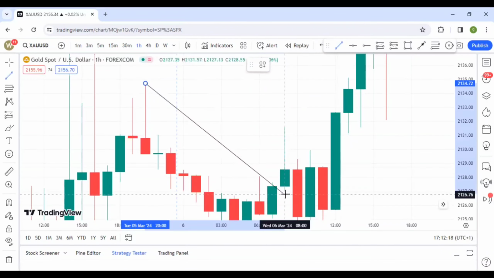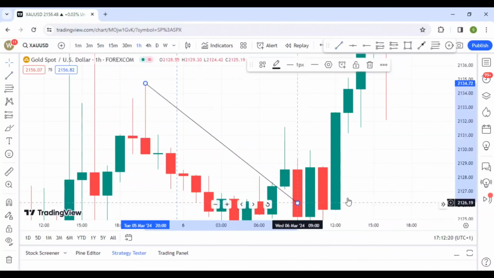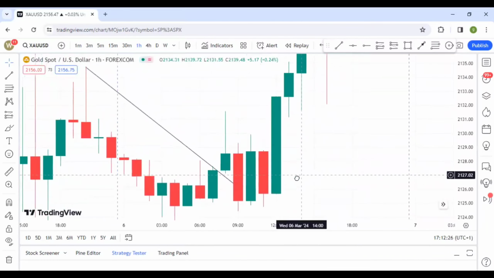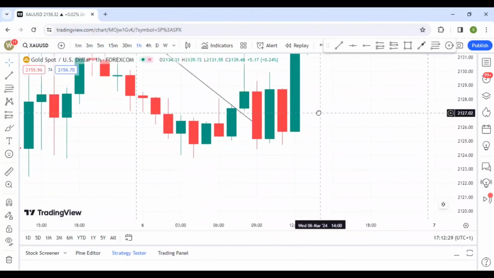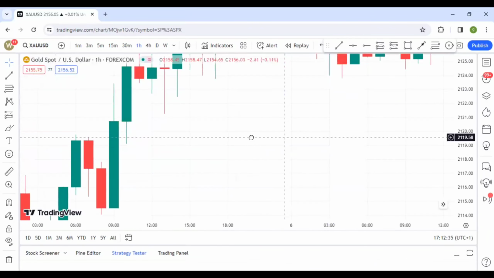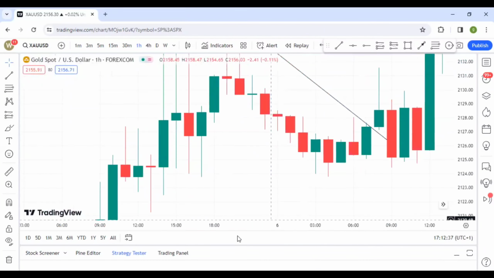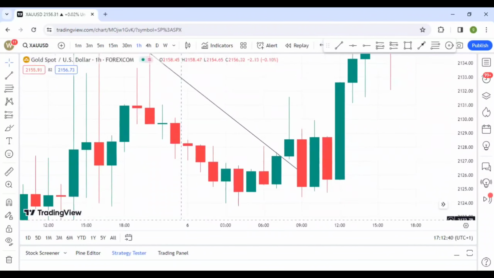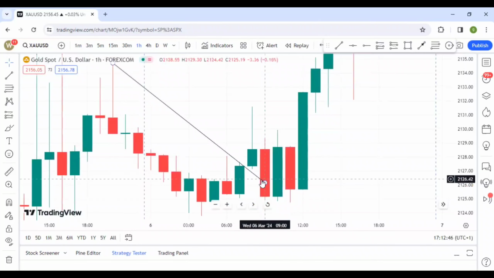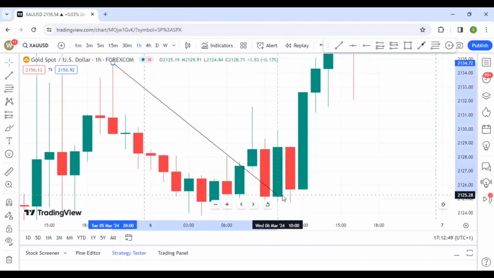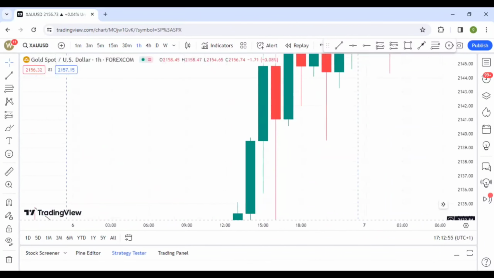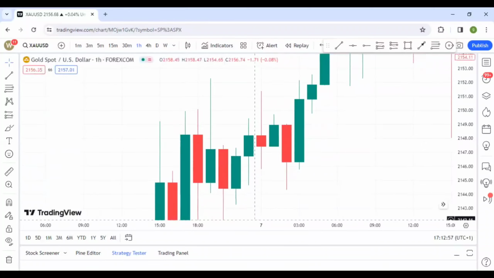You can see the market is in a downtrend up to this point. Now, what do you notice here? The moment this bullish engulfing formed, look, it started shooting up. You can see it started spiking up.